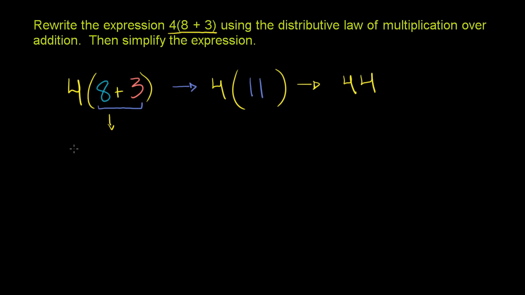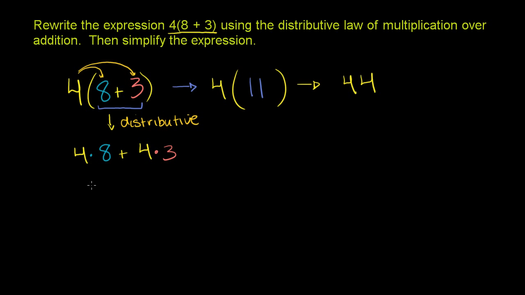So this is going to be equal to 4 times 8 plus 4 times 3. A lot of people's first instinct is just to multiply the 4 times the 8. But no, you have to distribute the 4. You have to multiply it times the 8 and times the 3. This is the distributive property in action right here.